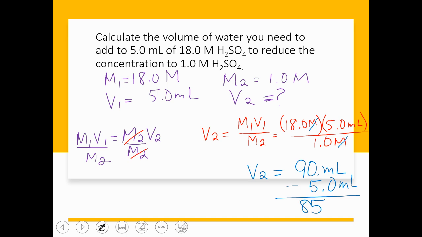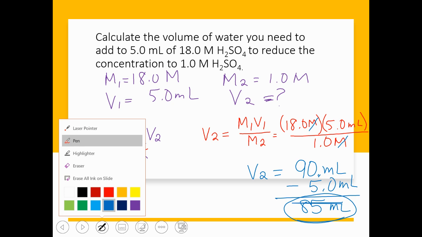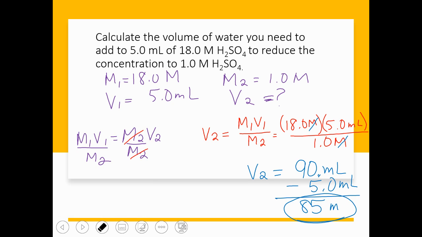We can't keep the 10th because we don't have a 10th in the 90 number, but it's going to be 85 milliliters. That's how much water you would have to mix with the 5 milliliters of acid. Then you would get 90 milliliters of the 1 molar sulfuric acid solution.